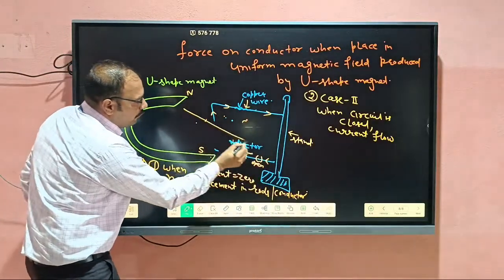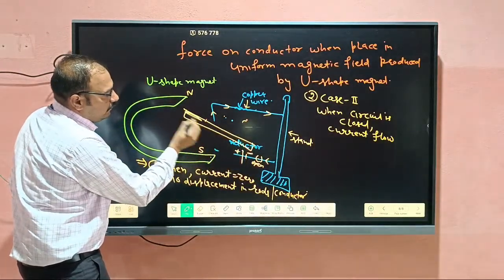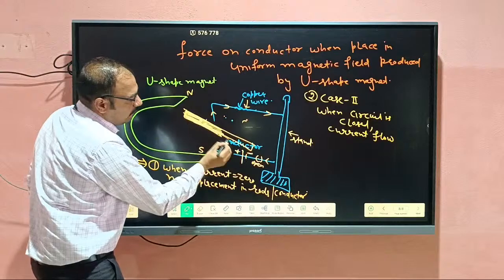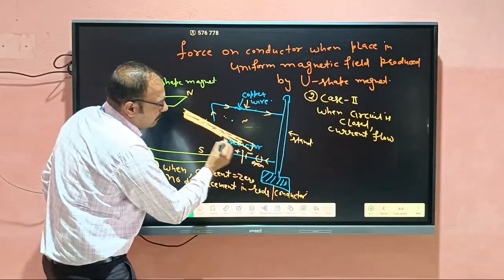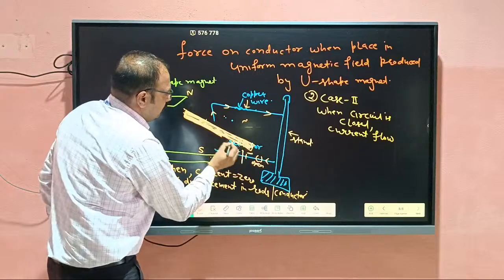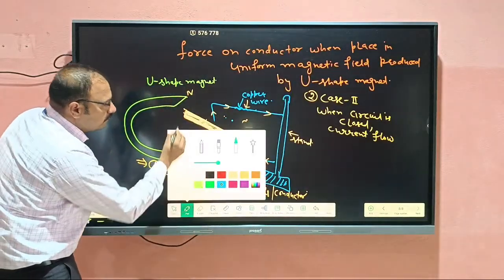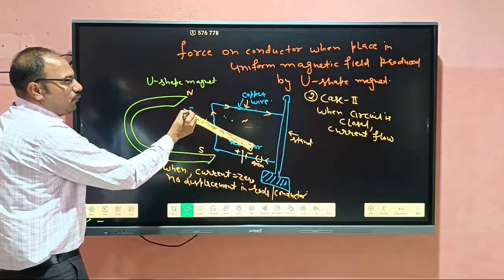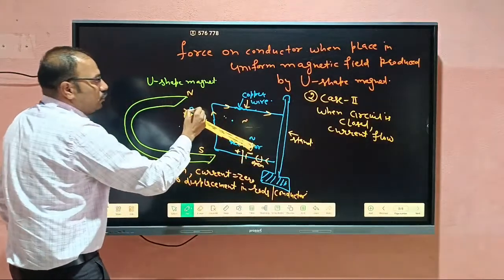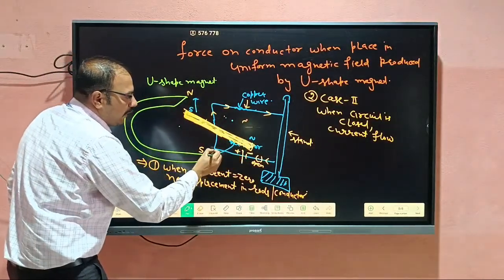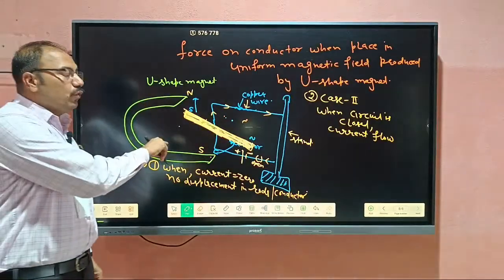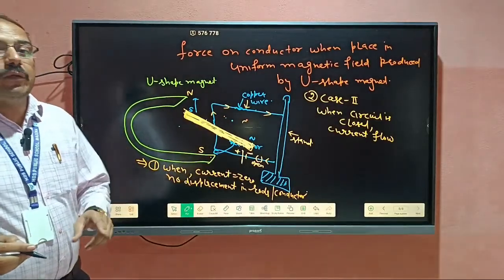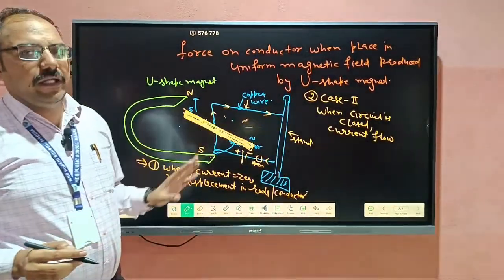So the position of the rod is this. This acts as a south pole and this acts as a north pole. So south attracts toward north and north attracts toward south. So here the position of the conductor or rod changes due to the force applied by the magnetic field. So this is the second case.